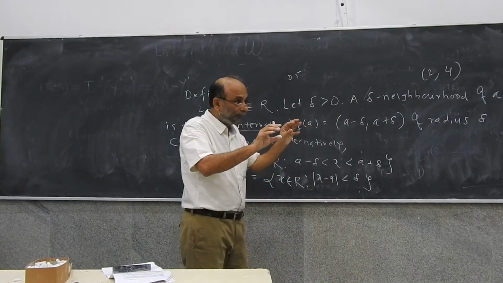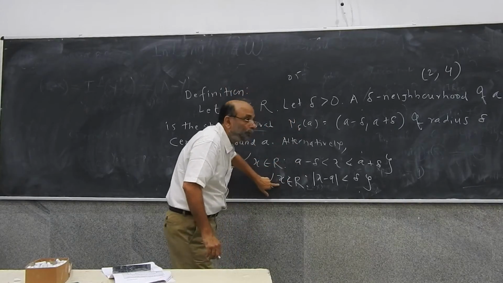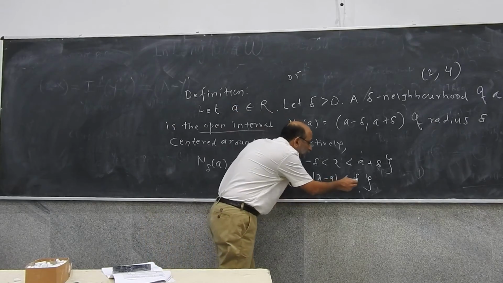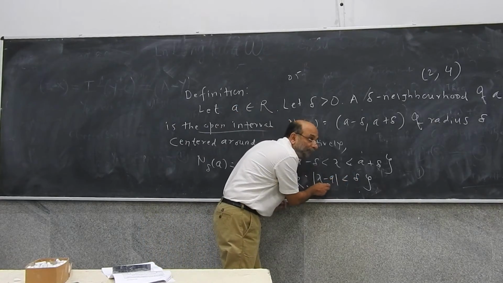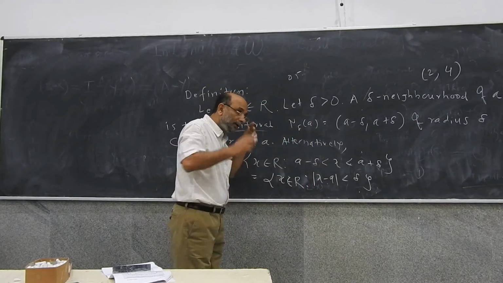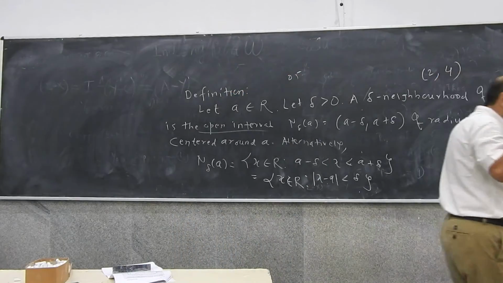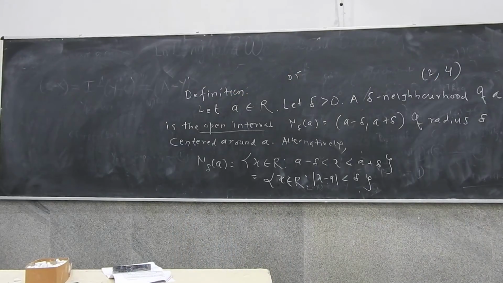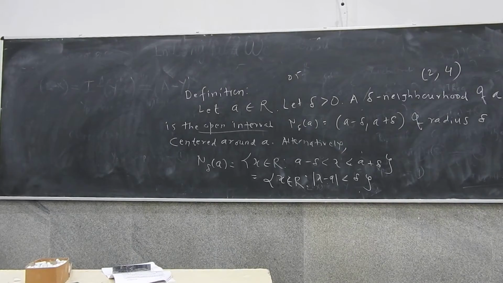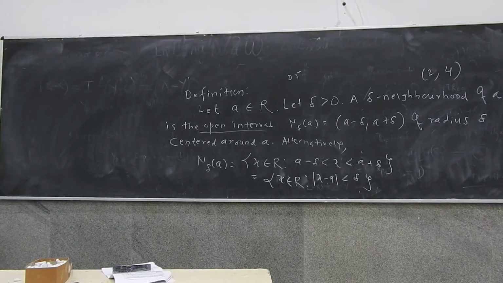A will be 2, and then I describe the open interval as the set of all points x which are at a distance less than delta from A. So we have fixed A to start with. A is 2 and x ranges over the set of all points which are at a distance less than 3 from 2. So the set of all points between 2 minus 3, which is -1, and 5, not including -1 and 5. That would be the open interval, and that would be the neighborhood. So a neighborhood is a collection of all these points.